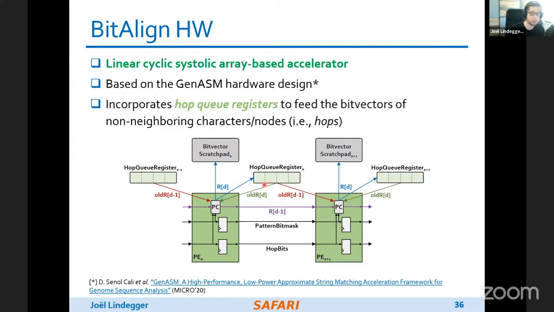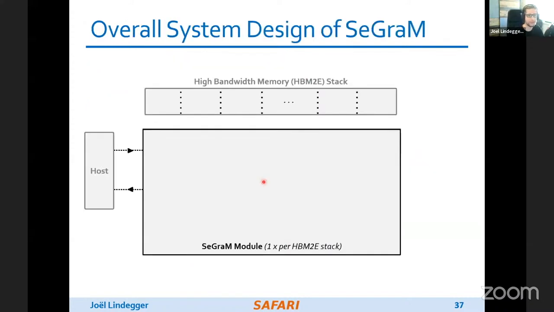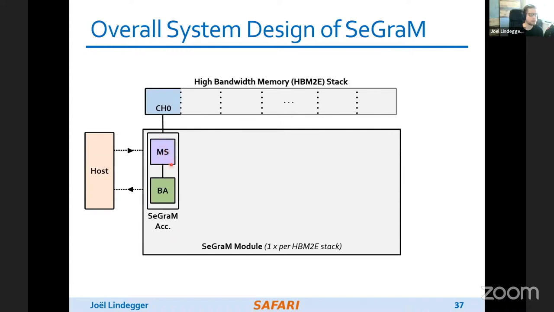Okay, so these hop-Q registers are a key innovation over GenASM, and all of a sudden we can handle graph references. Now, the full SeGraM module: we have one accelerator instance, which consists of MinSeed and BitAlign.